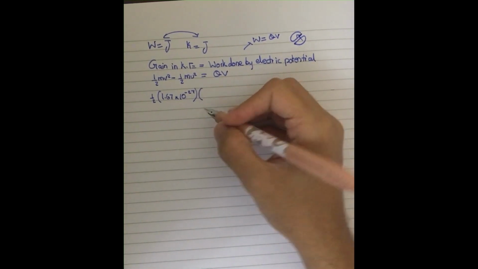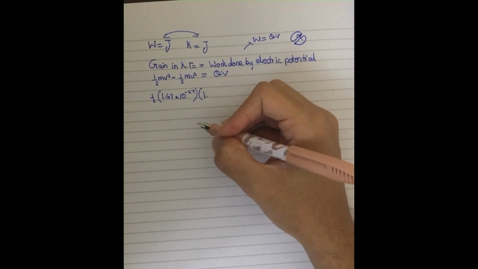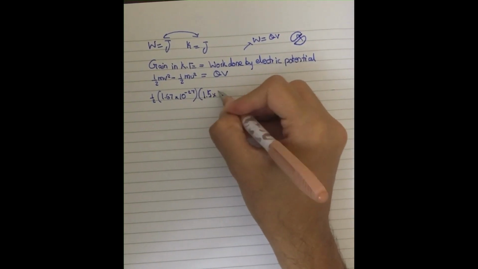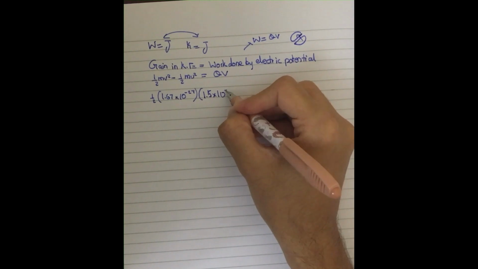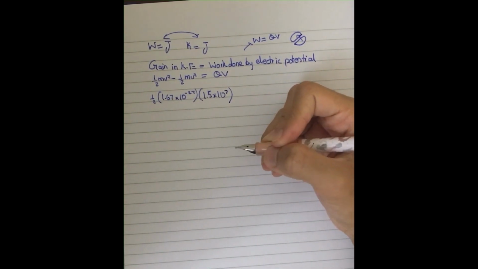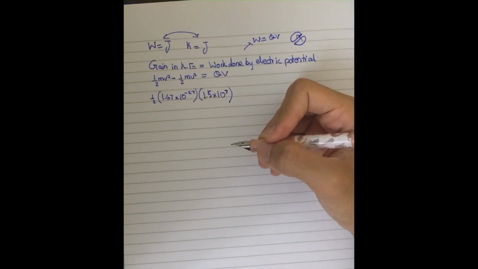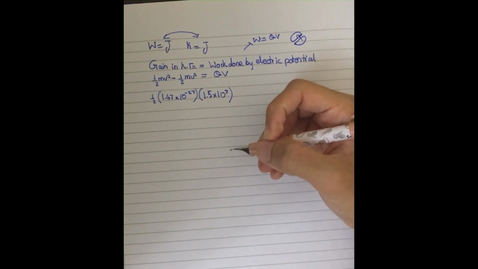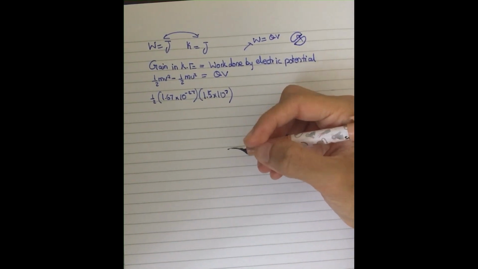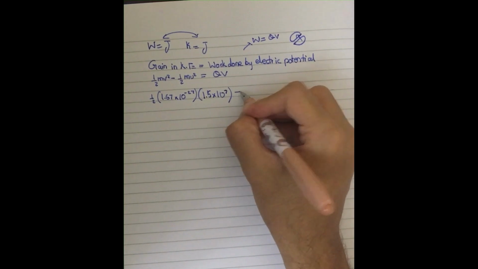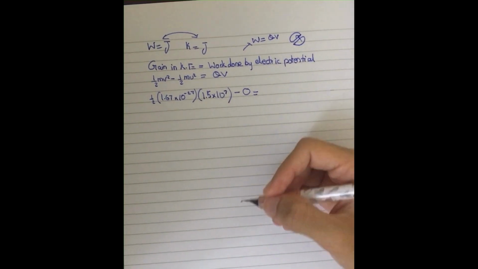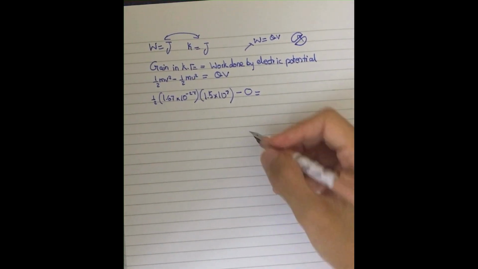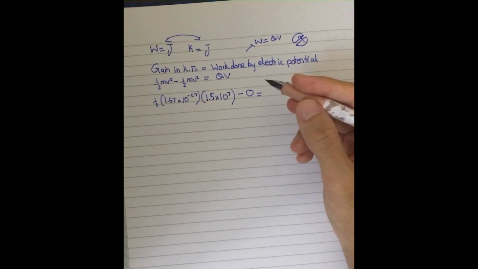And we have the velocity as 1.5 times 10 raised to power 7. This is our final velocity that has been given to us in the first paragraph. Then we minus 0, because before it wasn't moving at all, it was just launched.